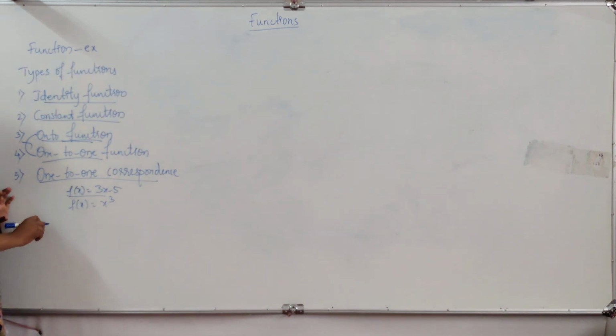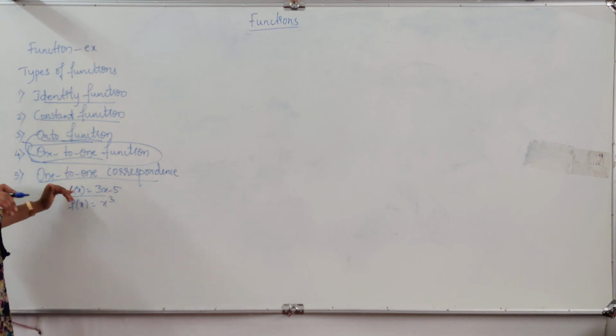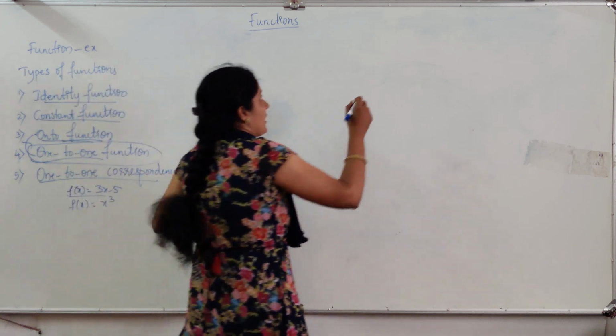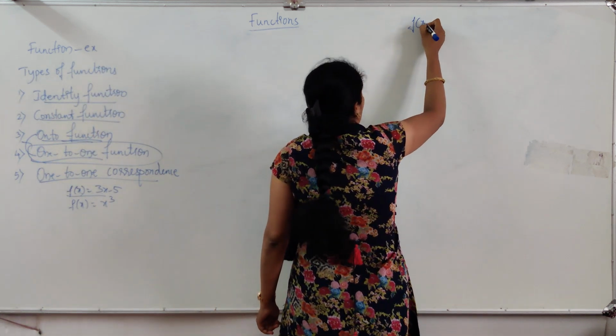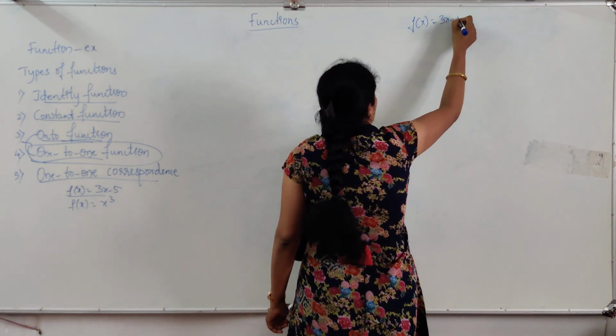You have to verify whether the function f of x is equal to 3x minus 5 is a one to one function or not. So how to verify that? Let us write down the function first. f of x is equal to 3x minus 5.